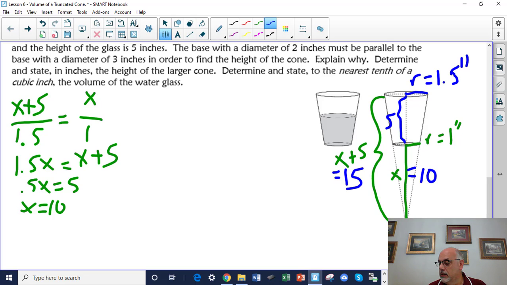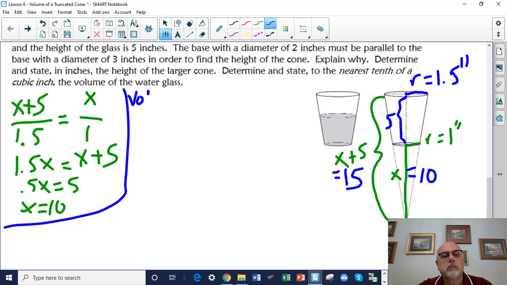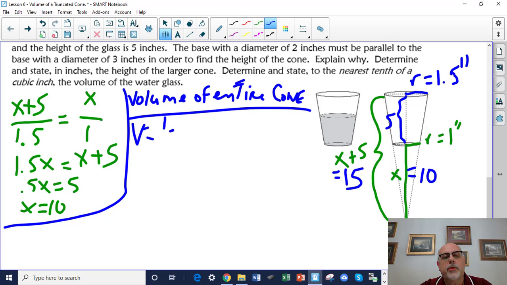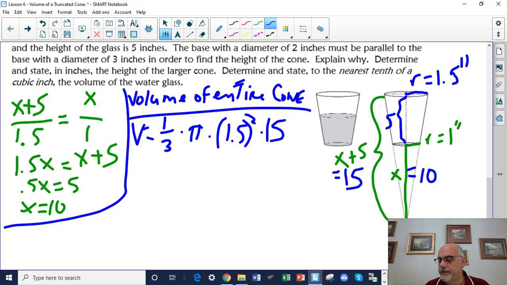So first, let's find the volume of the whole cone. Volume of the entire cone: 1/3 times pi times 1.5 squared times 15.